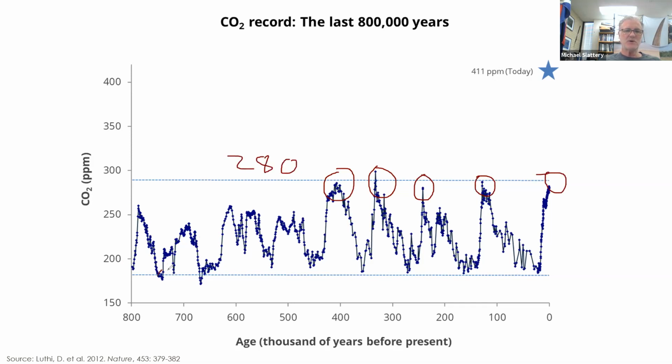And there are times here where carbon dioxide gets down to about 180 parts per million. And that's the current sort of climate consensus, if you like, on the variability of carbon dioxide going back almost 1 million years, 800,000 years.